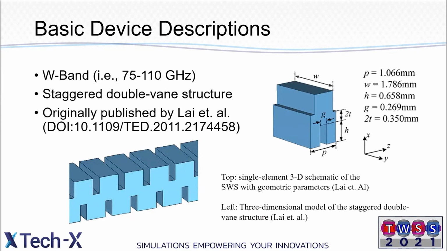The geometry of this slow wave structure was originally published by Lai and others, and the original publication can be found here. The figures on the slide show a visualization of the geometry with parameters. Note that these figures are actually negatives of the actual device, so they show the vacuum portion of the structure.